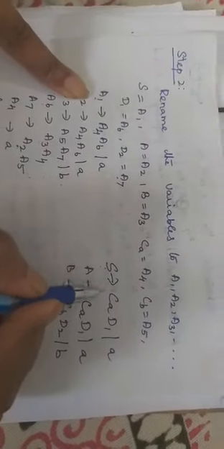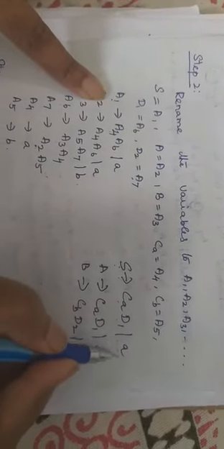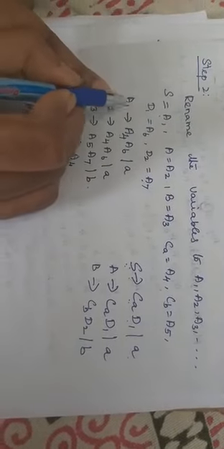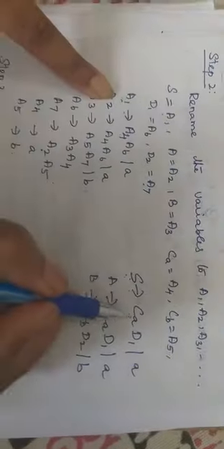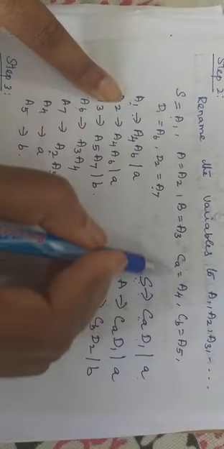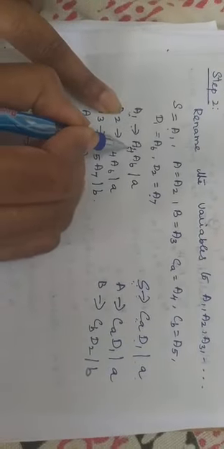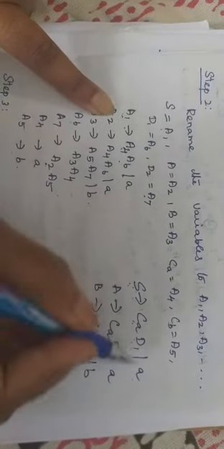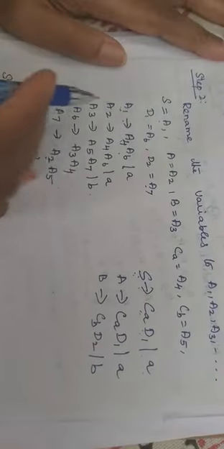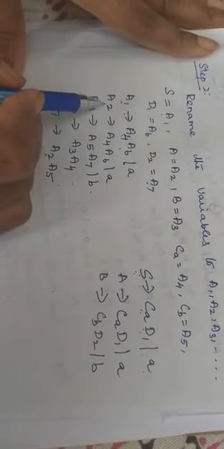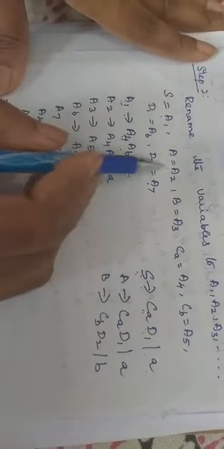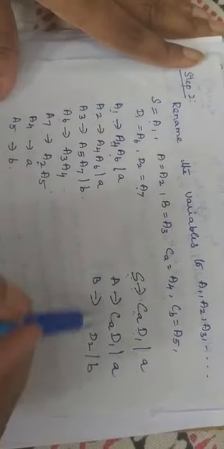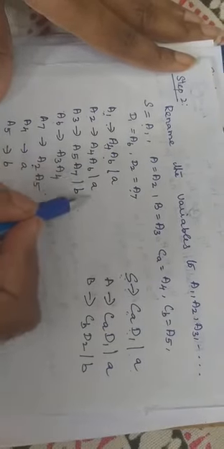Now what are the rules you have? S gives Ca D1 or a. S is A1, so A1 gives Ca, which is A4, and D1, which is A6, or a. The next one is A2: A is A2, so A2 gives A4 A6 or a.